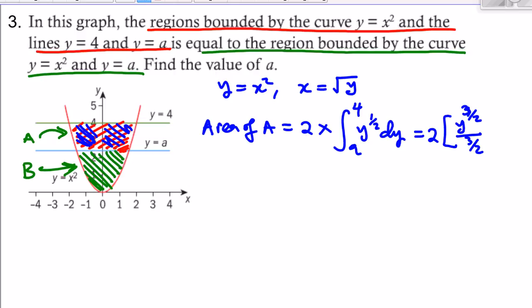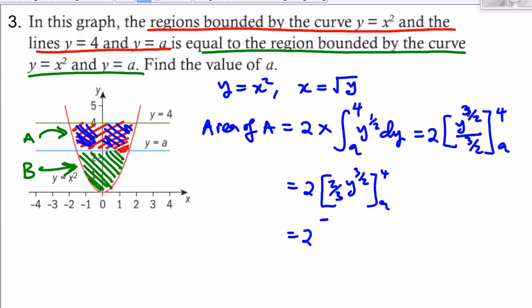This is 3, and the limits are a to 4. Well, what that will give me is 2 in bracket 2 over 3 y to power 3 over 2 from a to 4, which will be equal to 2 over 3 4 to power 3 over 2 minus 2 over 3 a to power 3 over 2.